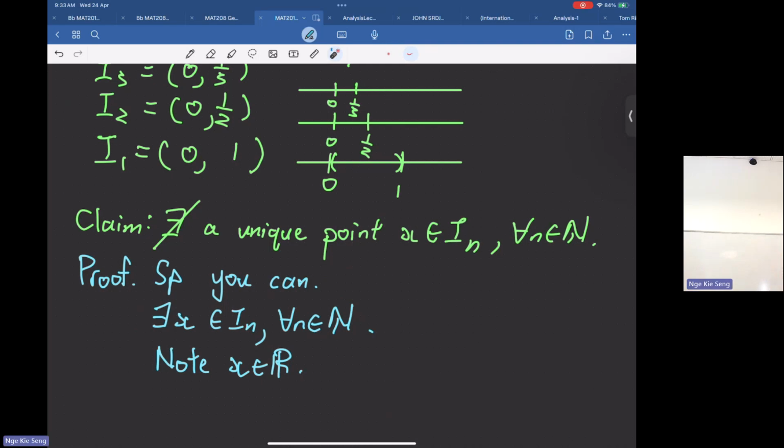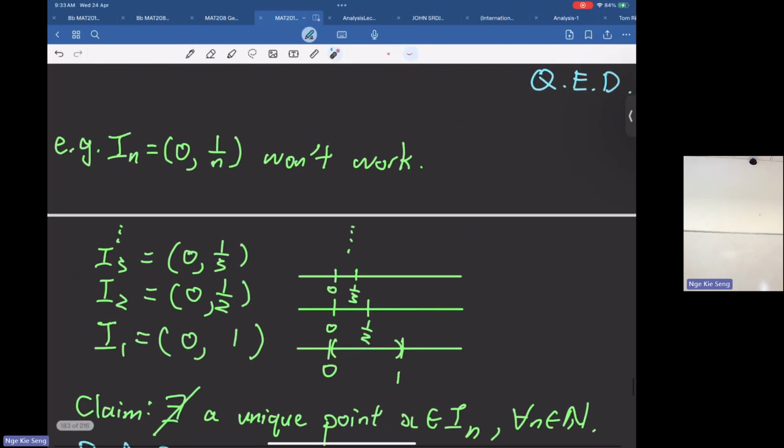How to find it? Bigger than 1 over n. What is that? Yes, Archimedean property again. You see, here got 1 over n, hinting at the Archimedean property already. So the whole course is trying to play around with this thing.